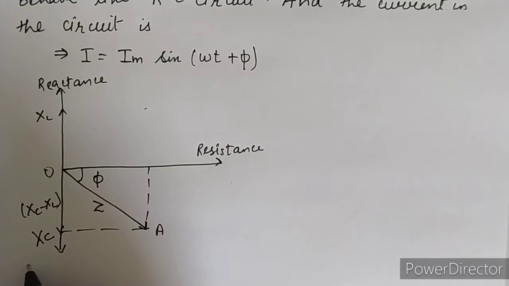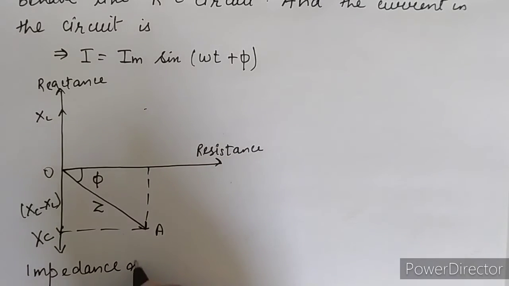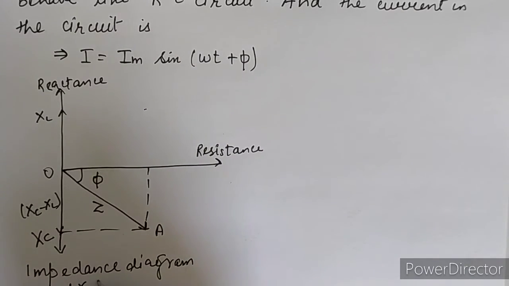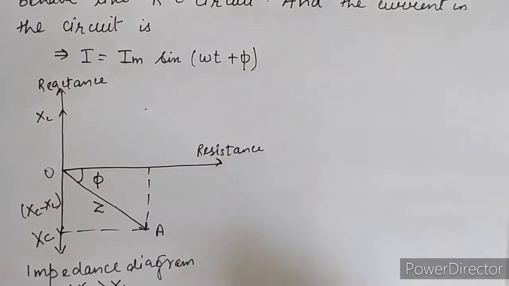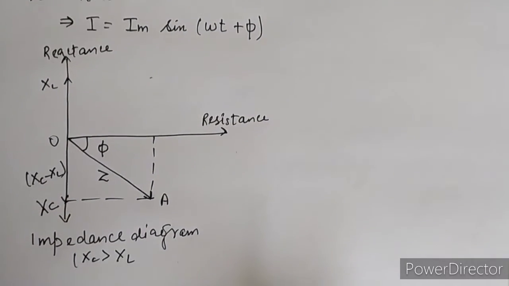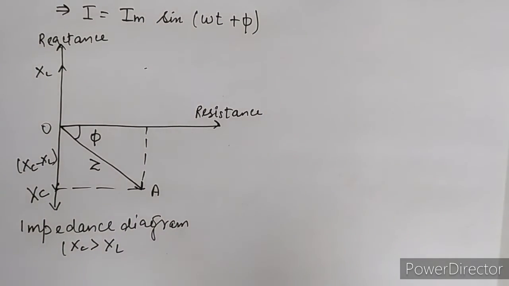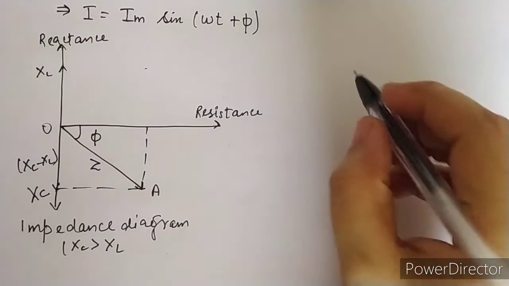So this is the impedance diagram. The condition we also have to mention. What is the condition? XC greater than XL. This is the condition. Next we are going to plot the phasor diagram.